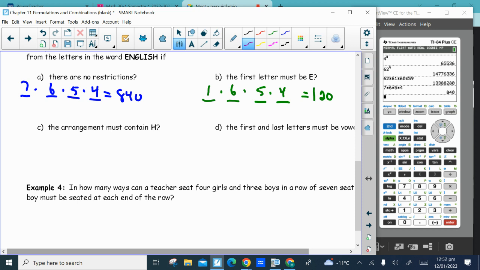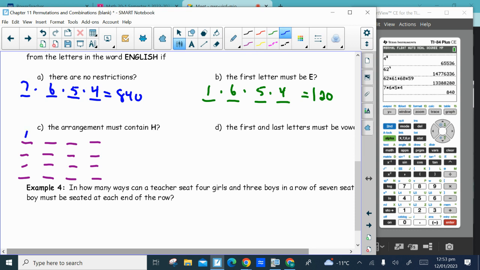Part C says that the arrangement must contain the letter H. I'm going to grab this booklet. So there are 4 different scenarios that we have to look at here.